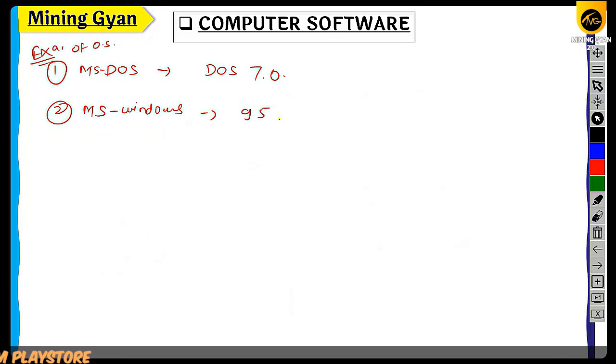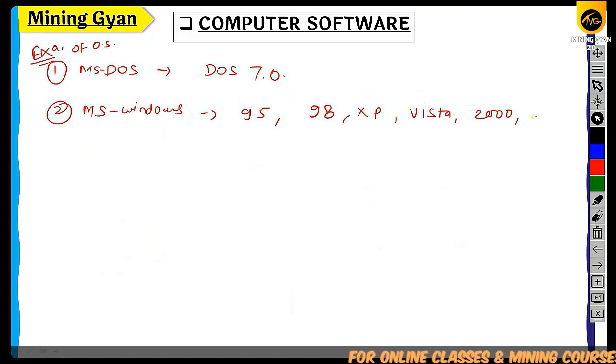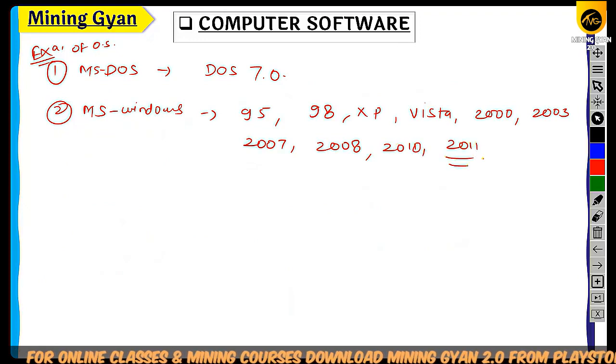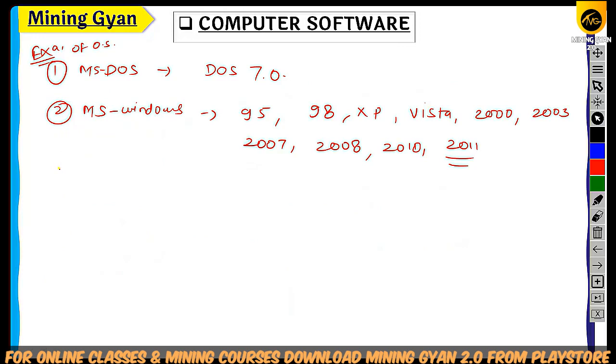So the initial version is 95, then 98, XP, Vista, 2000, 2003, 2007, 2008, 2010, and 2011 is the latest MS Windows operating system.